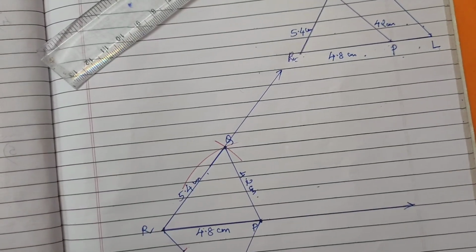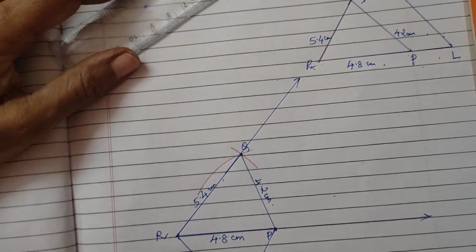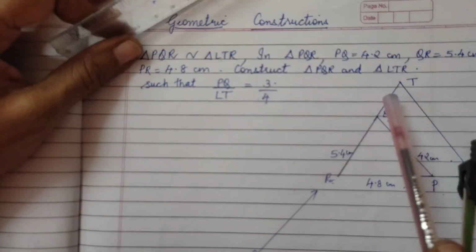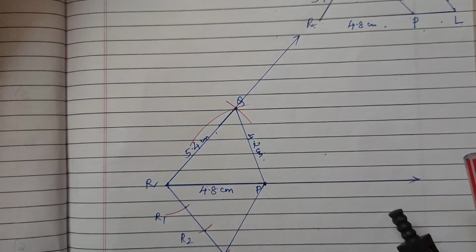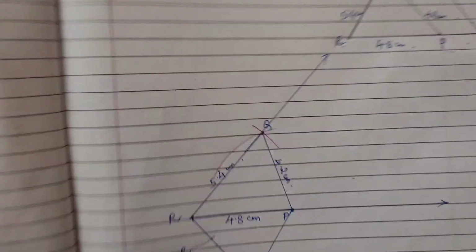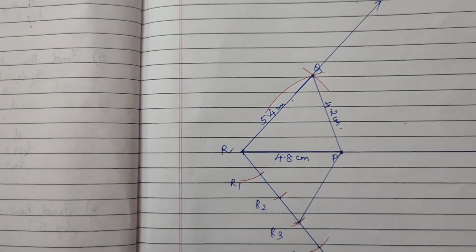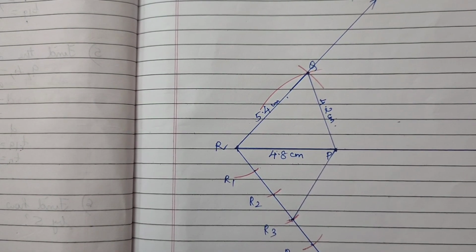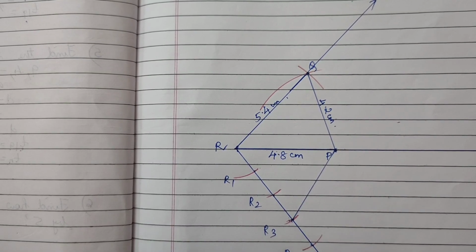Now what we are going to do, we need to find out the point T here also. Before that, we have learnt in angles how to make a congruent angle. The same concept is going to be applied here.